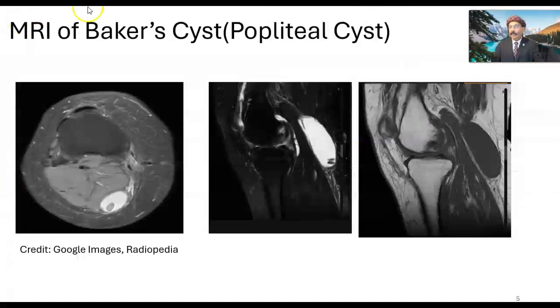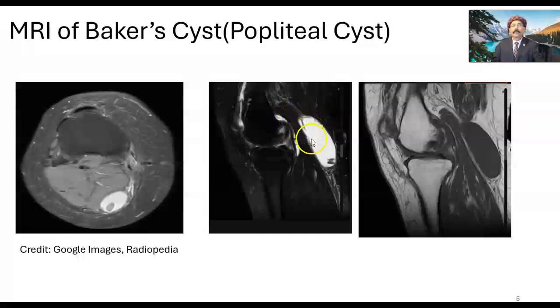Okay, this is the MRI of Becker cyst or popliteal cyst. This is the transverse section, and the cyst is located here. We got the cyst here, the Becker cyst. Here again, axial, here is the T2.